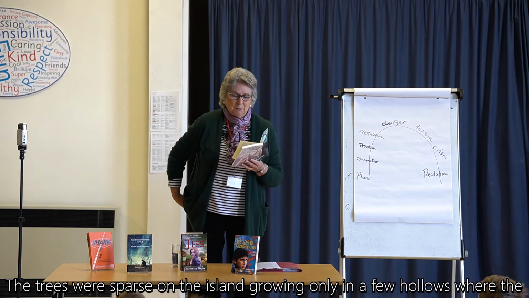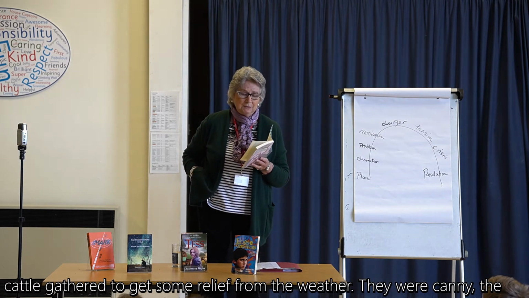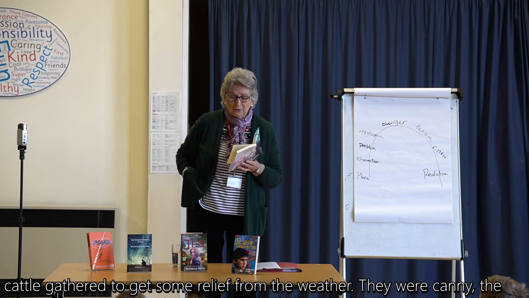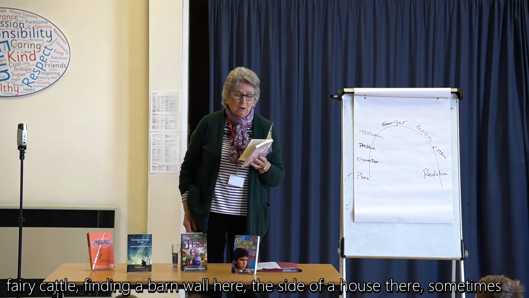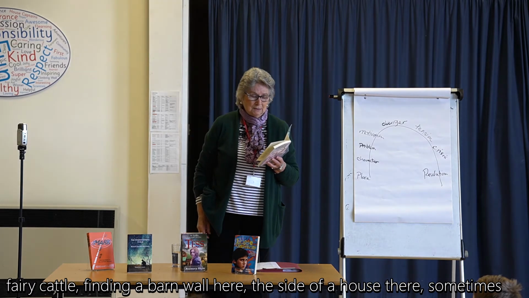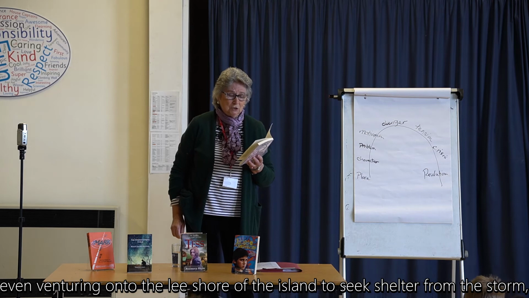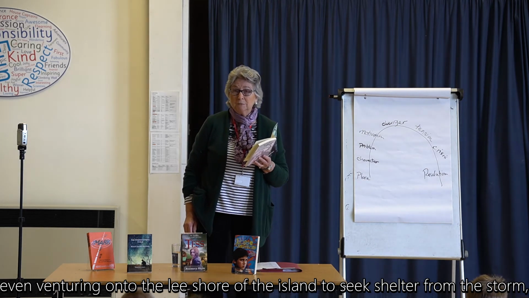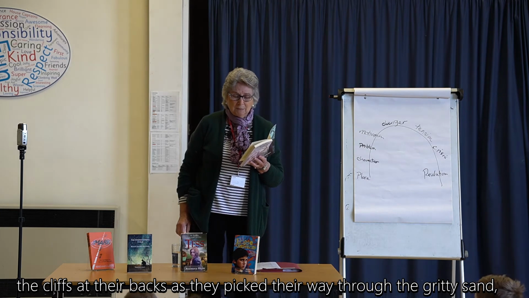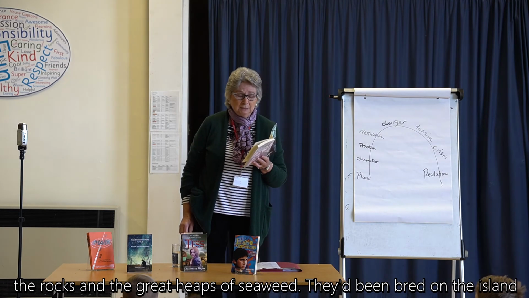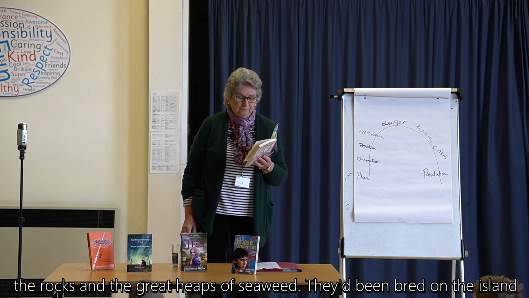The trees were sparse on the island, growing only in a few hollows where the cattle gathered to get some relief from the weather. They were canny, the fairy cattle, finding a barn wall here, the side of a house there, sometimes even venturing onto the lee shore of the island to seek shelter from the storm. The cliffs at their backs, as they picked their way through the gritty sand, the rocks, and the great heaps of seaweed.